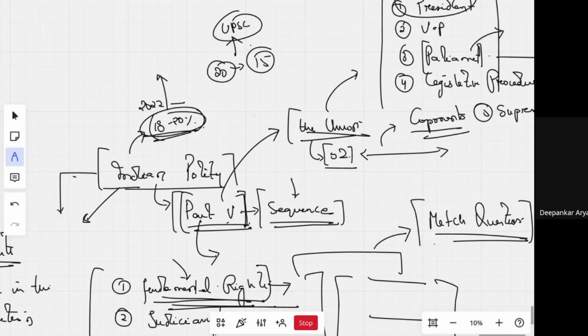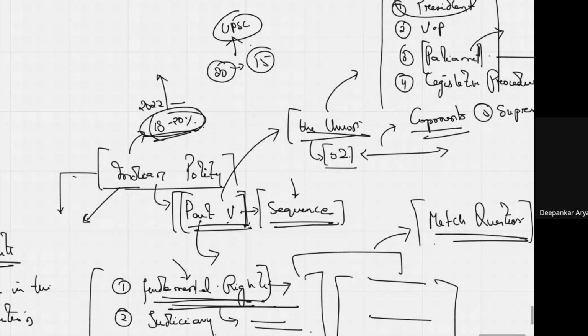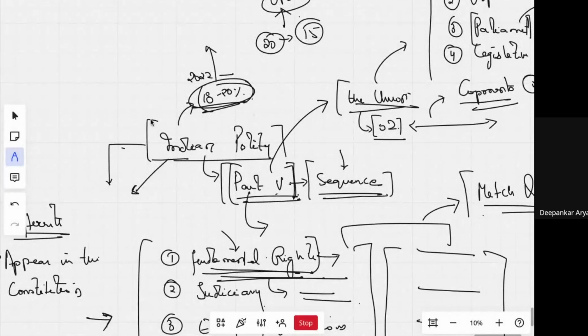But then you'll see that within the President of India there are various issues that need to be understood. And when we are talking about Indian polity, we must focus only on the information part, not the subjectivity part. Like, do we need a president of India or not?